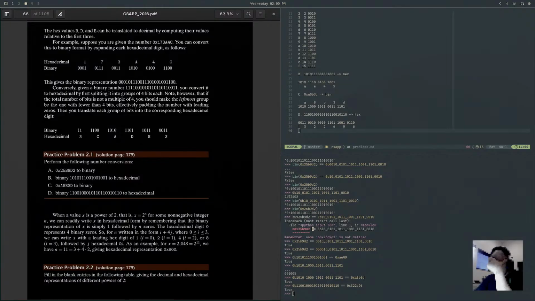The hexadecimal digit 0 represents 4 binary zeros. So for n written in the form of I plus 4j, okay, so in this case j would be 0 and I would be 3.